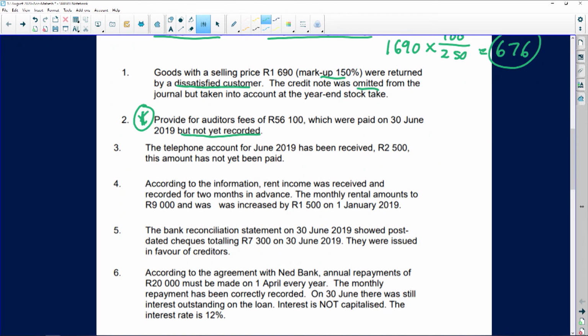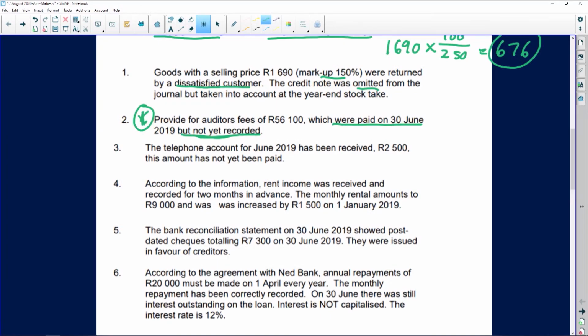Because normally they would tell you audit fees have not yet been paid. You now need to record this as an accrued expense. But if we read carefully, they are telling us it was paid, but it was not yet recorded.